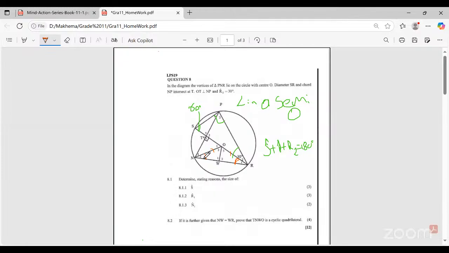So you guys don't have any idea. Let me ask you this: what's the size of this angle T3 here?